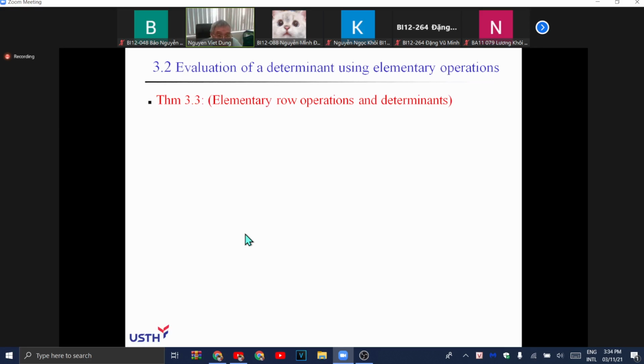Now we continue with how we can use elementary row operations to find the determinant of any square matrix.